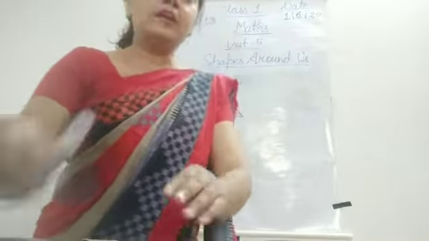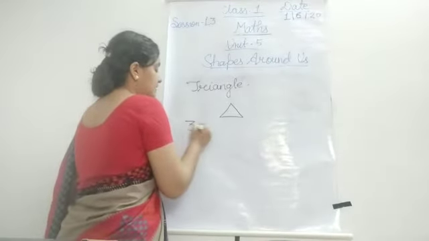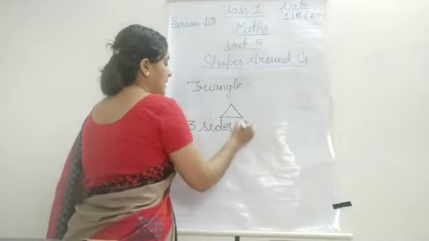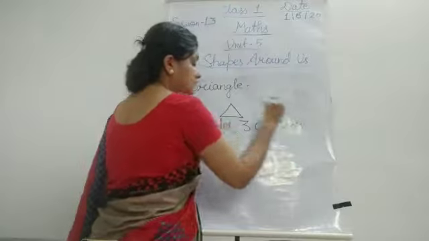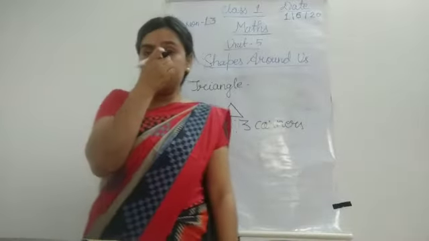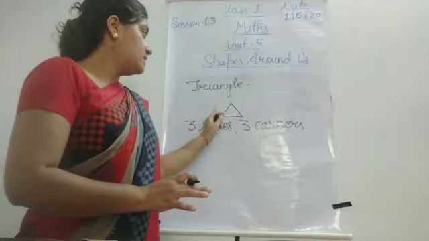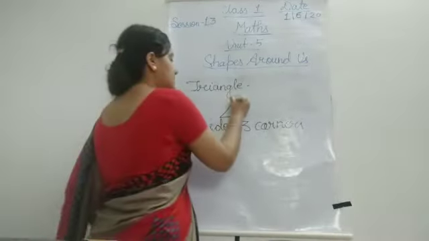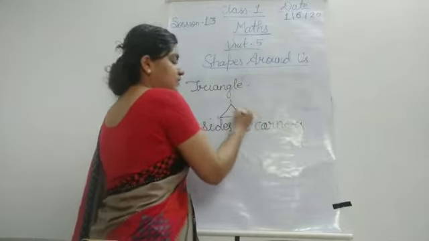Means what? What we can write here? We can write here that a triangle has three sides and three corners. Here you can see this is corner number 1, this is corner number 2 and this is corner number 3.